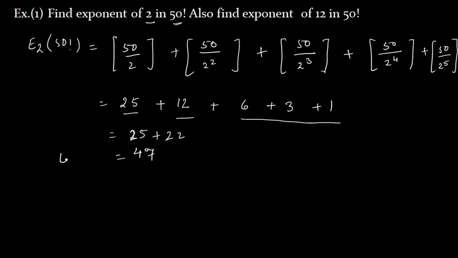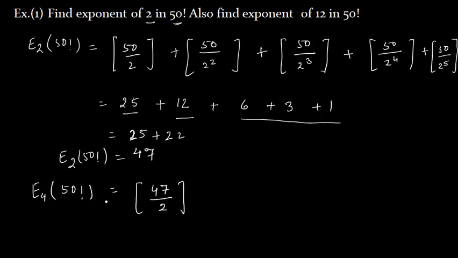So the exponent of 2 is 47. If we are interested in finding the exponent of 4 also, this is nothing but the greatest integer of 47 by 2, because 4 is 2 square. So this is 23.